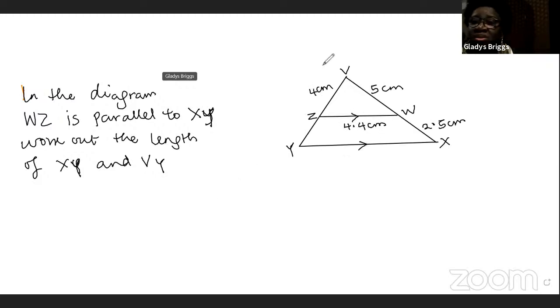Okay. So it's asking you to find XY, which would be this one, and VY, where's V? Oh, and this one. Oh, interesting. Okay, see if you can get those ones for me.